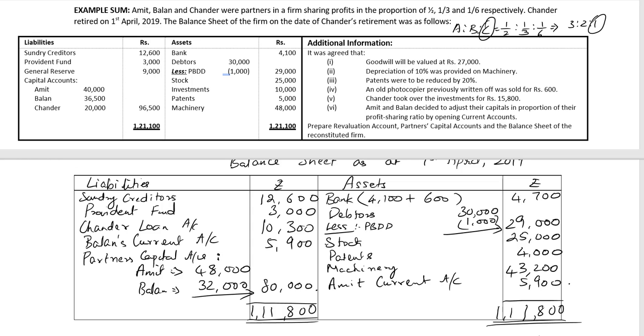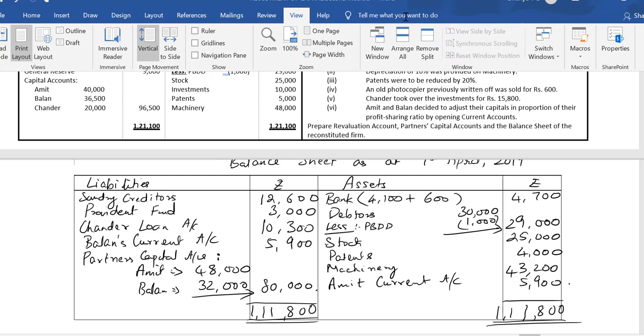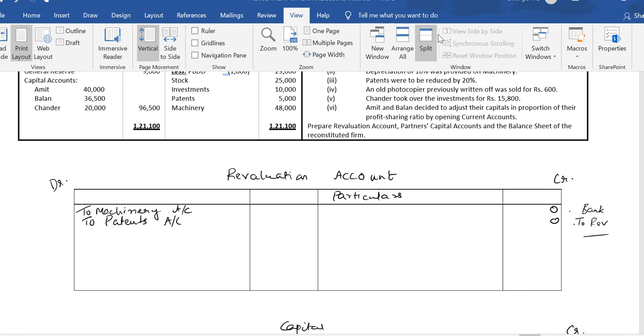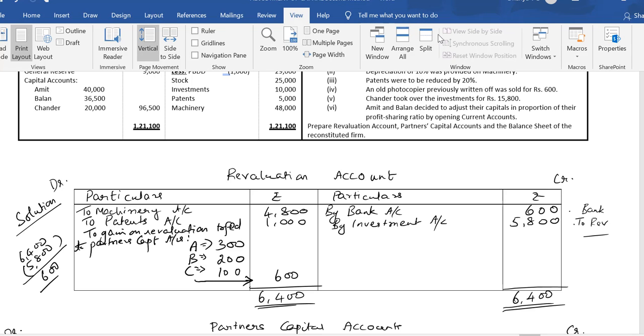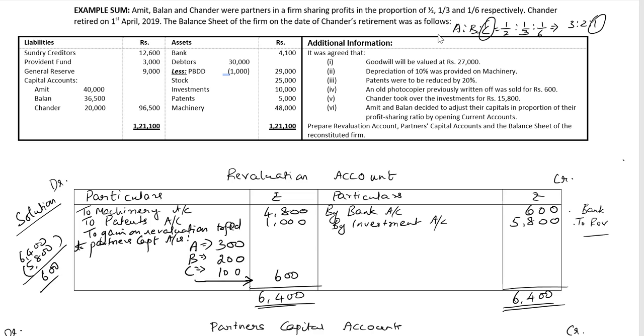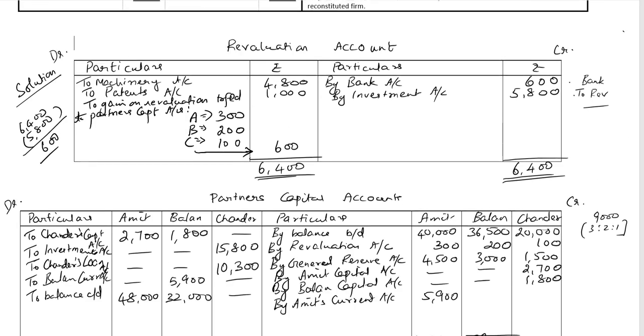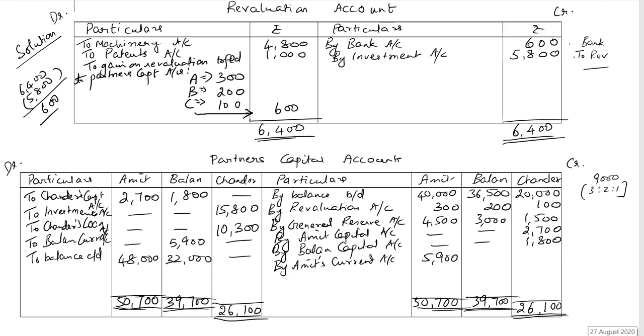I'll remove the split. We can view the full solution. We began with the revaluation account. Went on to the partners' capital accounts.